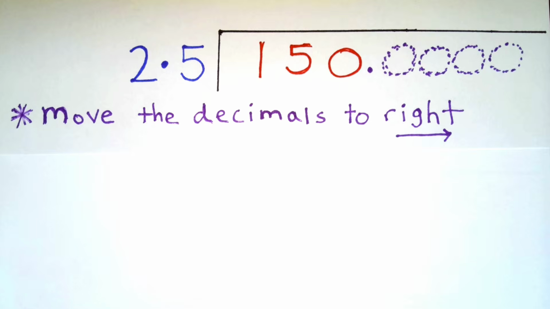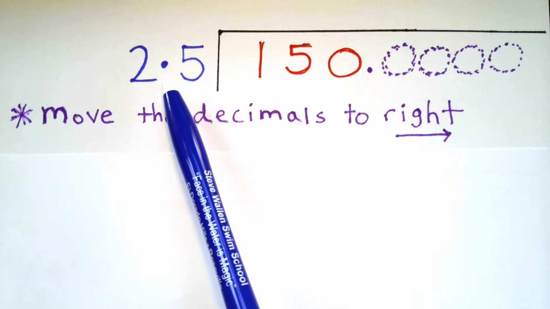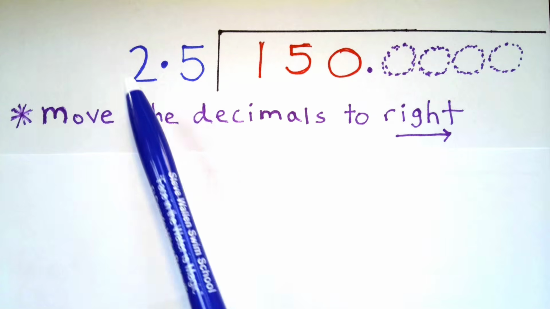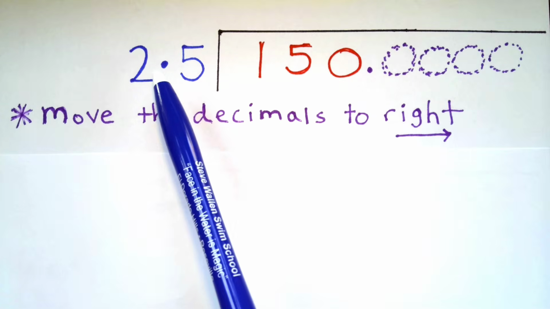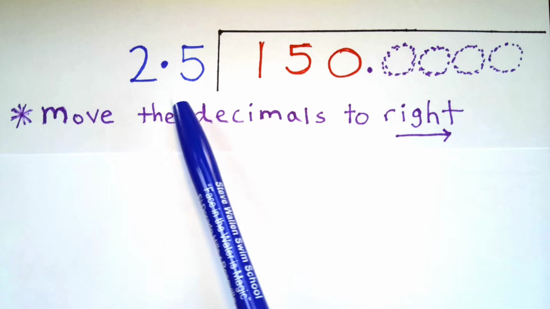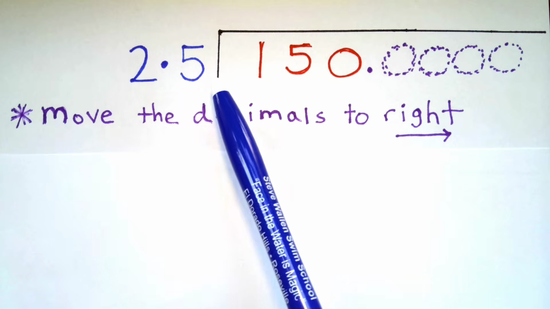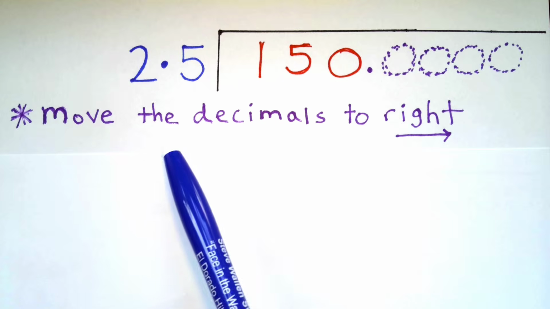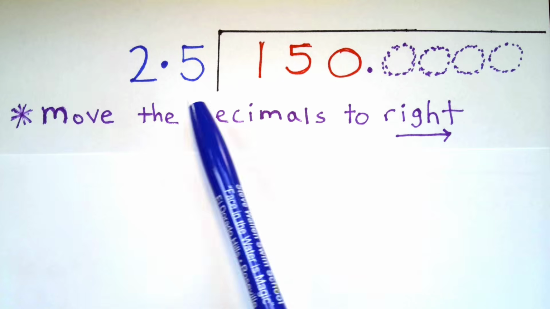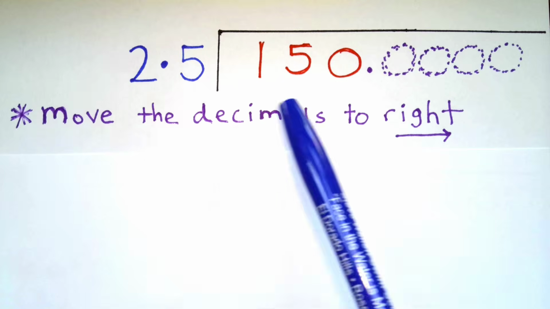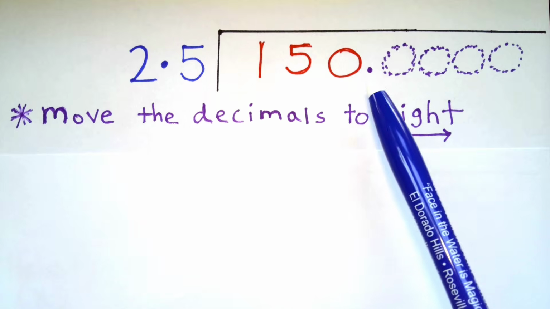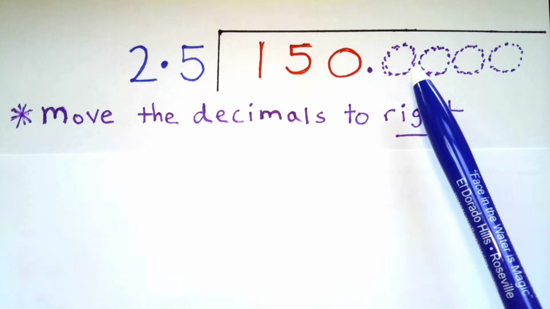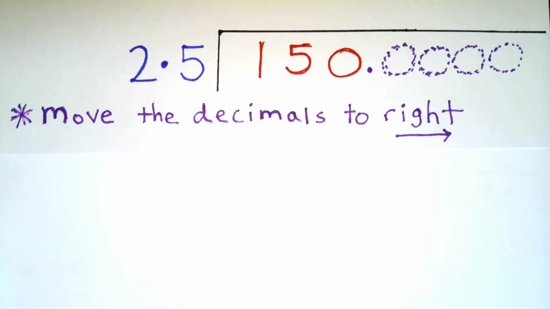The first thing I need to do in working long division is take this 2.5 and move that decimal to the right until I have a whole number. No decimals, just a whole number. If I move this decimal to the right one time, then I have to take the decimal in the divisor bar and move that to the right one time as well. Let me show you what that looks like.